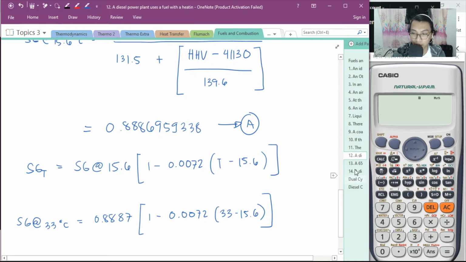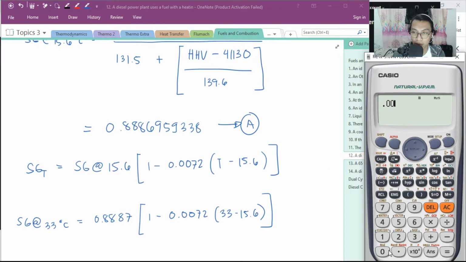Mapin natin. 0.00 tuloy. 8887 multiplied to 1 minus 0.0072 multiplied to 33 minus 15.6 tas dalawang parenthesis.